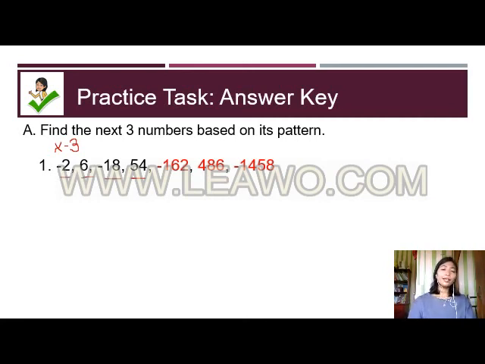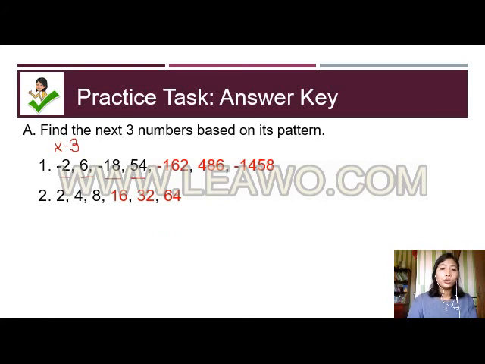Then we apply now that pattern to get the next three terms. So 54 times -3, then that becomes -162 times -3 equals 486 times -3 equals -1458. Okay, so that's for number 1.